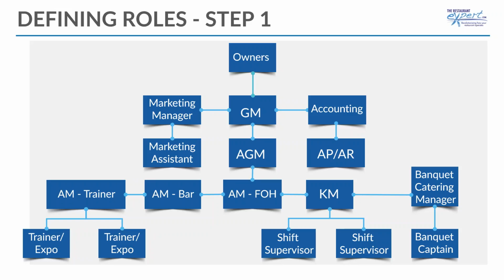The owner is, and the accounts payable receivable person is right under there. Well, the assistant general manager is next in line, and then we come in assistant manager in charge of training, bar manager, front of house manager, kitchen manager, banquet and catering manager. And below them, we have positions, supervisor levels, or trainers that they're responsible for.